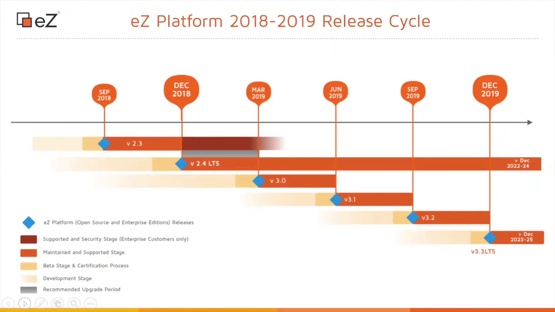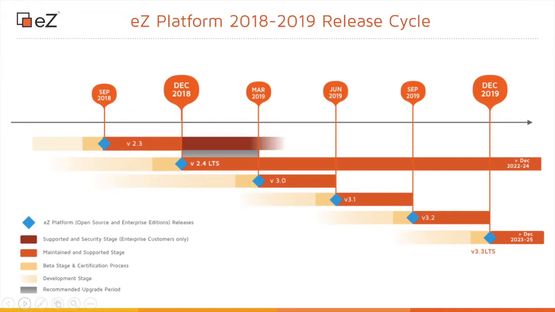The second thing that is important to note is that we already started planning and working on our version 2.4 release. This is a long-term supported release, and we expect to support it anywhere from 2022 till 2024.